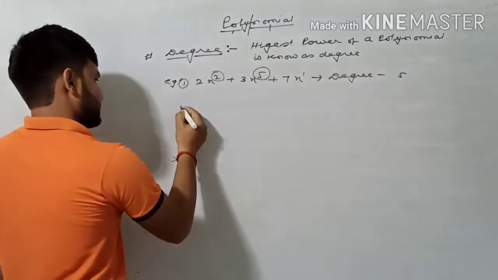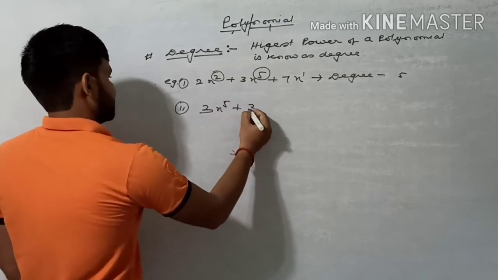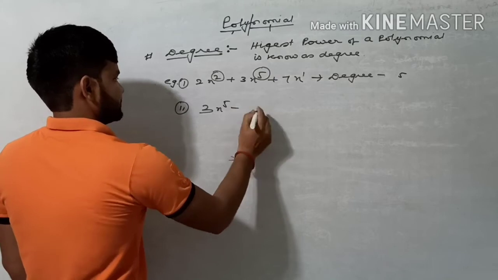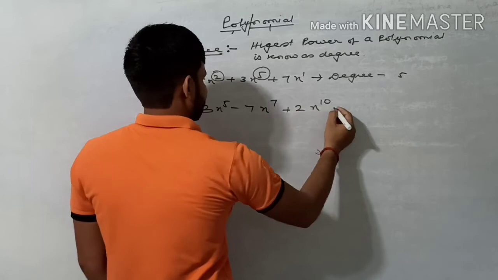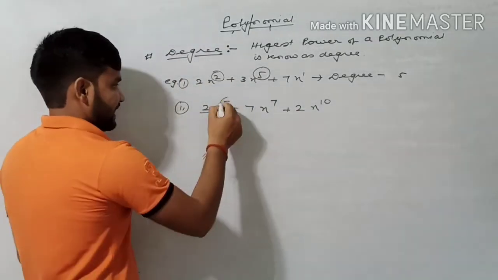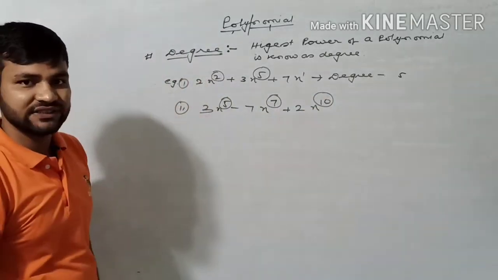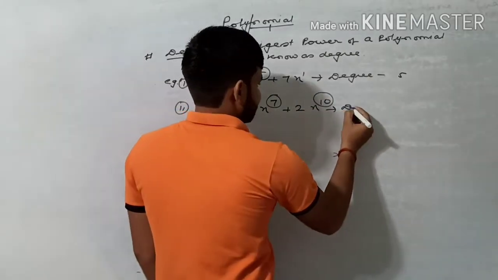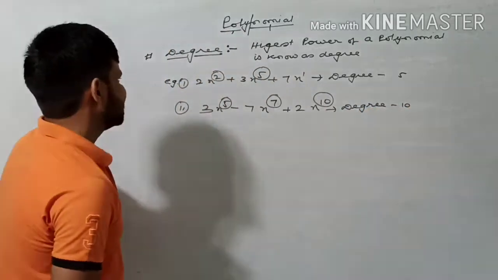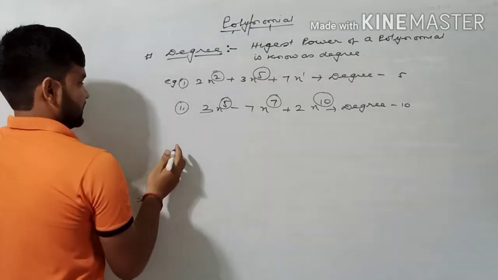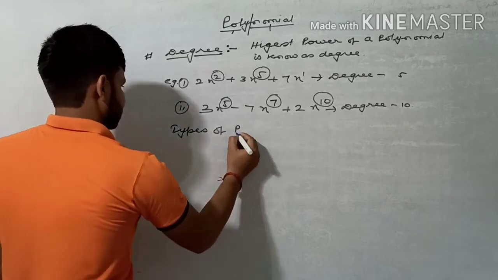Second example, 3x to the power 5 minus 7x to the power 7 plus 2x to the power 10. The powers are 5, 7 and 10, and the highest power is 10, so the degree is 10. On the basis of degree, there are some types of polynomial.